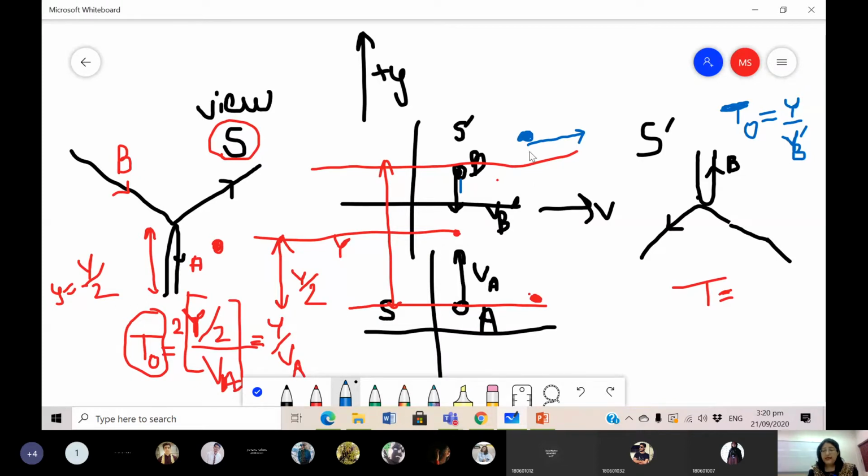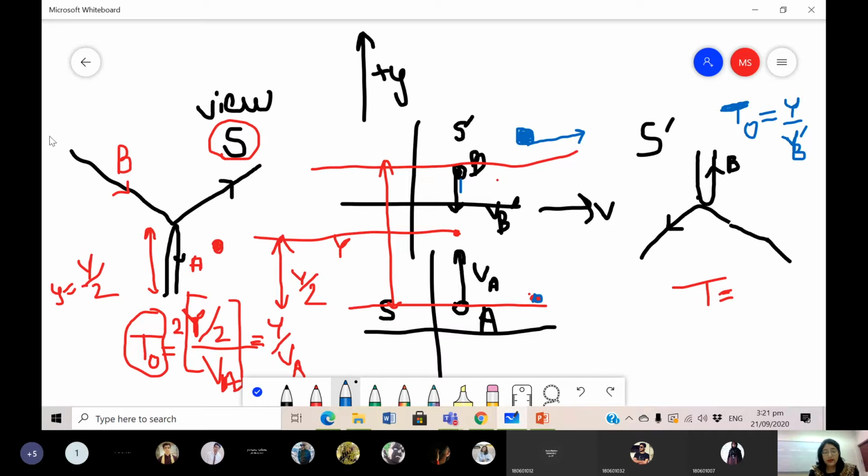और अगर हम S dash में होंगे, if the observer is in S dash, it's going to see the proper time for B because B is in the same frame as the observer. Does that make sense? ठीक है? But if the observer is in frame S and is observing B, फिर time dilate होगा ना?